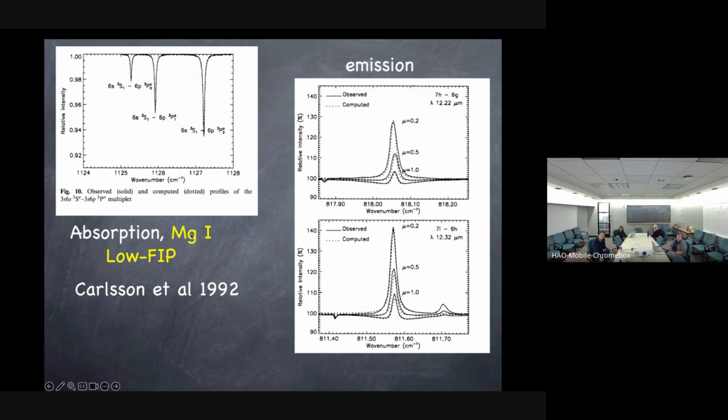Why magnesium, right? Well, it's one of those that lies below the line. That means the bulk of the material is ionized in magnesium. That means the bulk of the population is in magnesium 2, magnesium plus, and so magnesium 1 is a minor species, but that's a good thing in one sense.